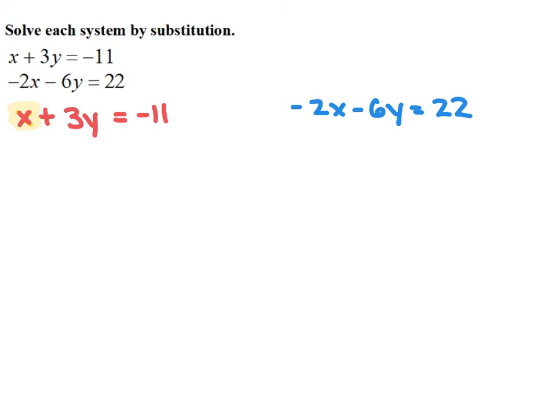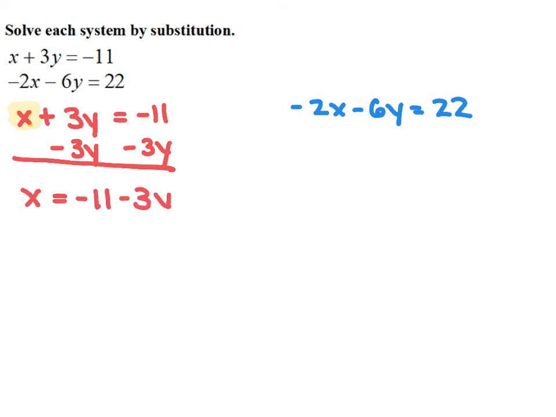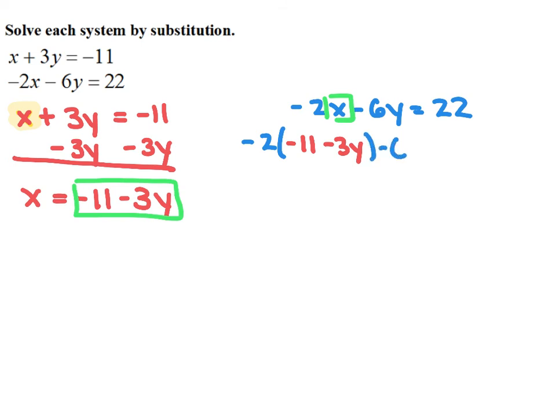In order to do so, we'd have to subtract 3y from both sides, and we'd get x equals negative 11 minus 3y. And since the x is already by itself, I can take this entire expression and plug it in for x in the other equation. So you'll have negative 2 times negative 11 minus 3y minus 6y equals 22.